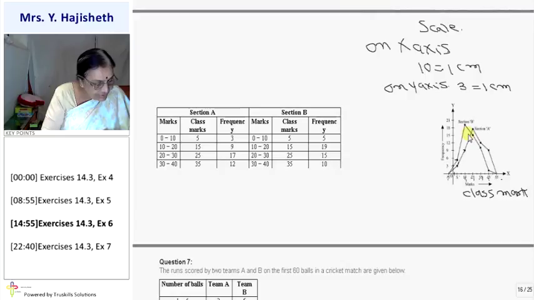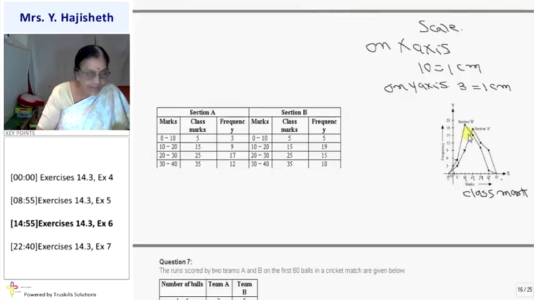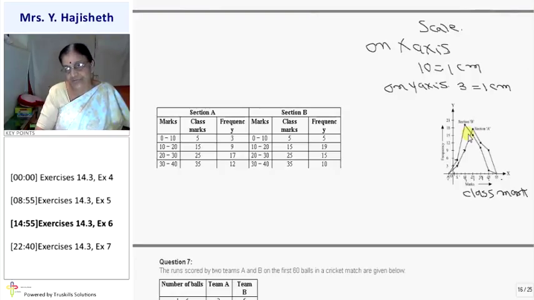And in the second section, only 26 students are getting more than 20 marks. So which data is better? As far as my knowledge is concerned, I think section A is better. The performance of section A is better than section B. From the graph also you can see.